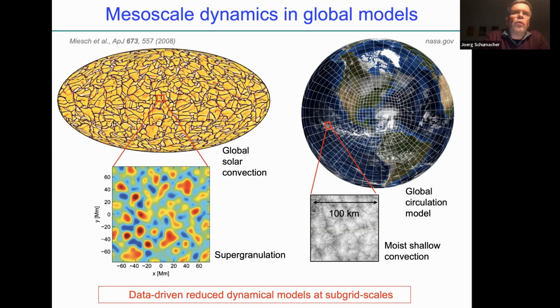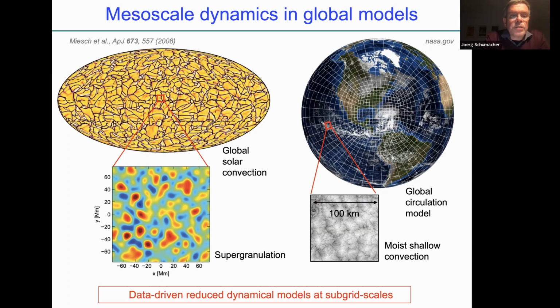And one idea or one question that we have been following over the last years is if we are able to develop data-driven reduced models that are able to describe the mesoscale convection dynamics and that are also able to reproduce statistical properties of this mesoscale convection.